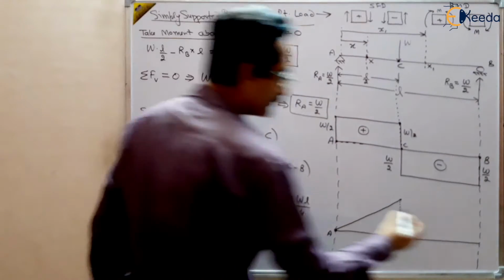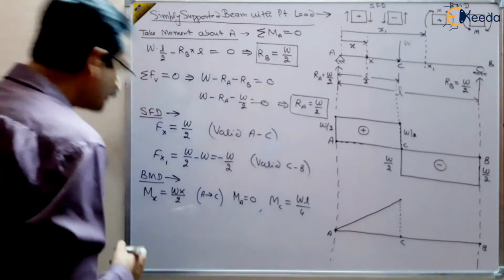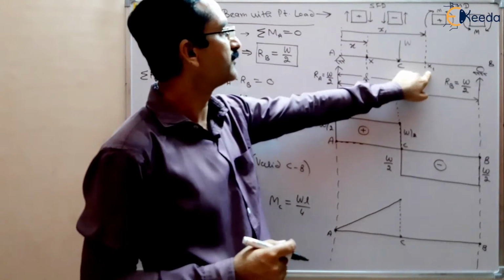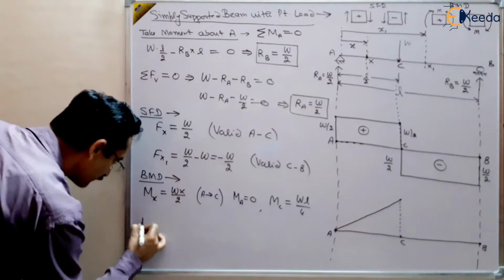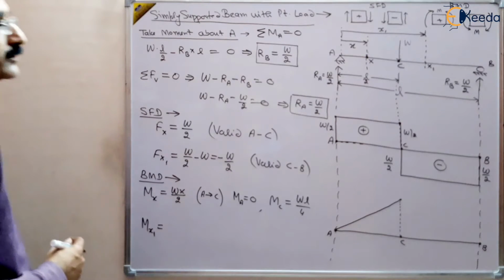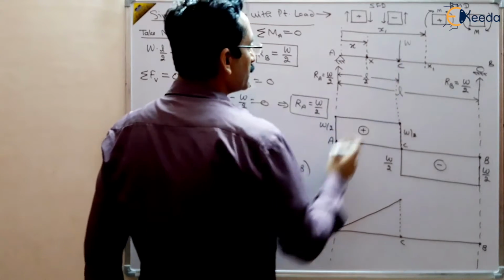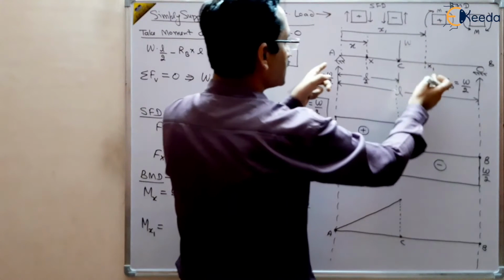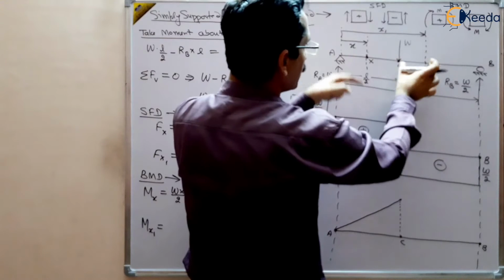Now from C to B, we want to draw from C to B. What is happening from C to B? So from C to B, we will take this cross section as reference, x1, which is at a distance of small x1, right? So Mx1 will be equal to, there are two forces now. One is W by 2 and another is W. So W by 2 is at a distance x1 and this capital W is at a distance, this distance only.